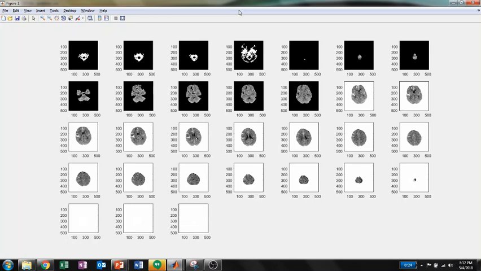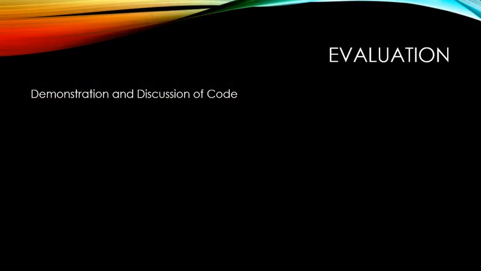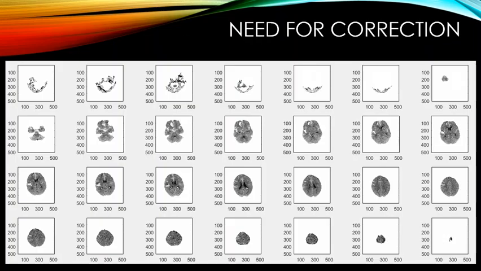But this is basically an improved version of what we showed earlier, which was this slide right here. This was the initial version of that slide using only connected component labeling.